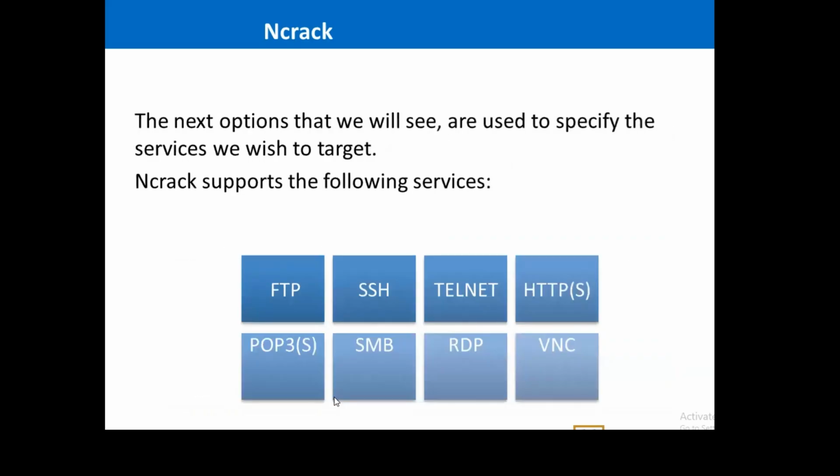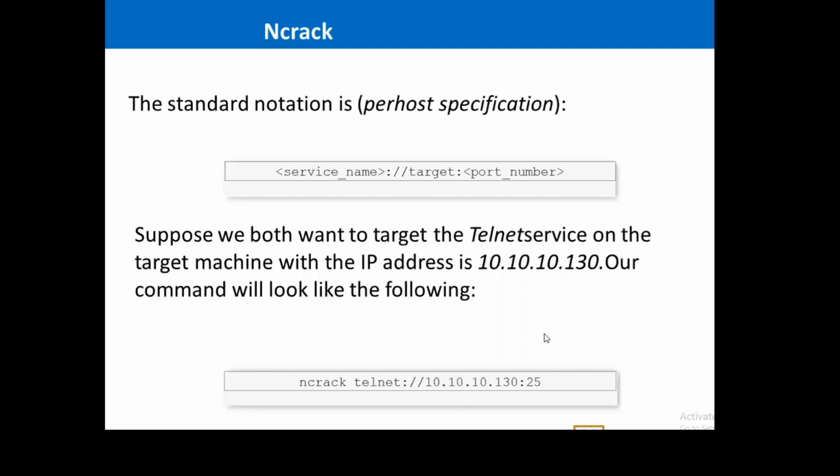The next options that we will see are used to specify the service we wish to target, whether FTP, SSH, Telnet, HTTPS, RDP, VNC, or POP3. So the standard notation is this. You specify the service name, then you specify your targets and the port.